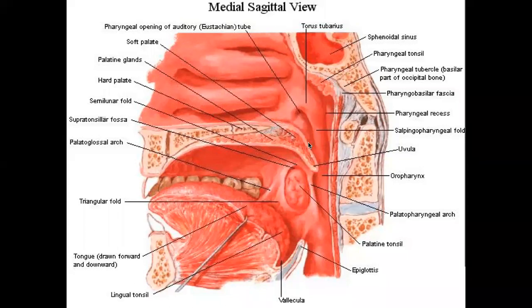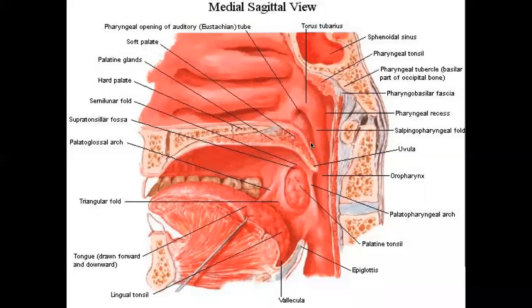What features can we see in the nasopharynx? We can see there is an opening, and the opening is called the eustachian tube. Okay, this is the eustachian tube or auditory tube. We already know that the auditory tube connects the nasopharynx with the middle ear cavity, so there is a passage through it.